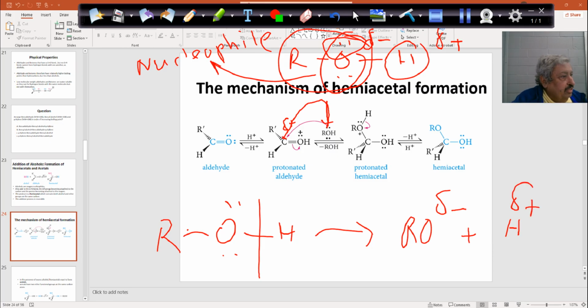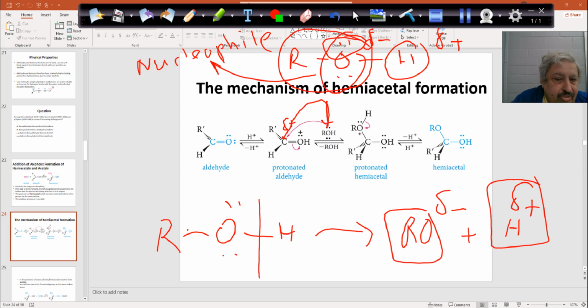It's not per se very strong ions, but you have a partial separation. So always this is OR, and this is H plus. The first alcohol will come as OR on the carbon. Carbon here is partially positive, so it will be attacked by this, and then you get the hemiacetal, half acetal.